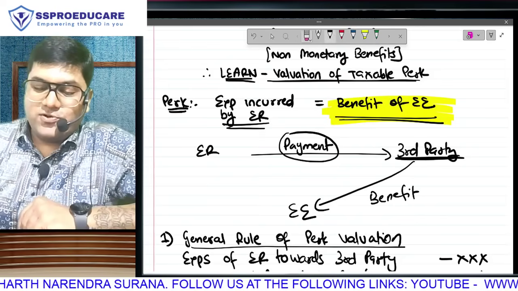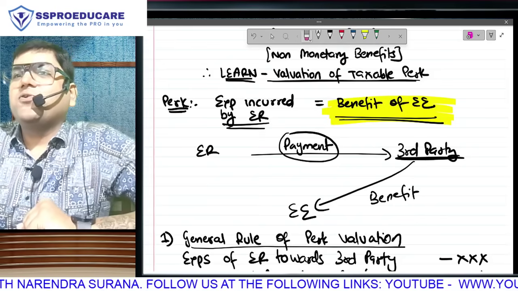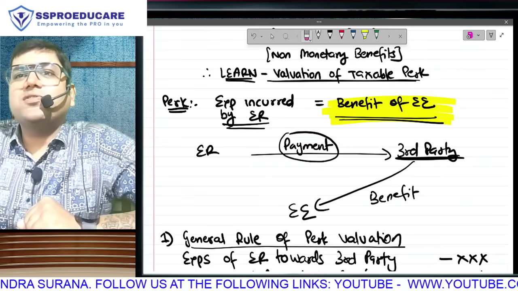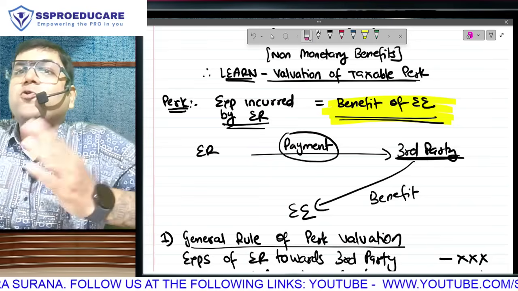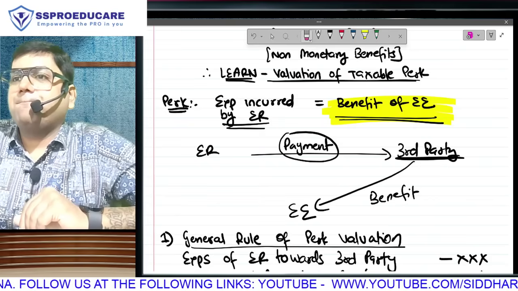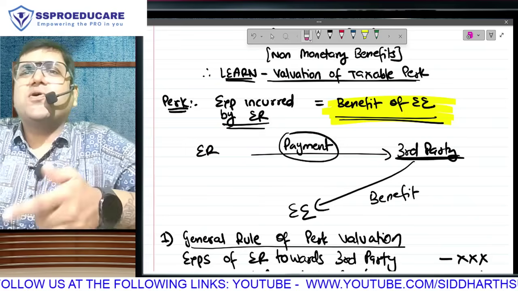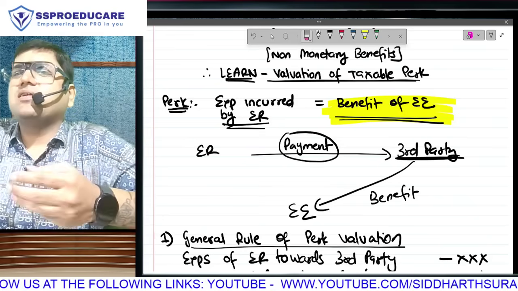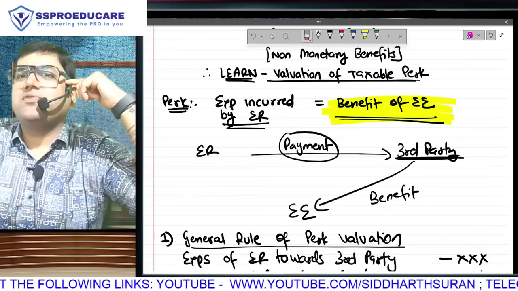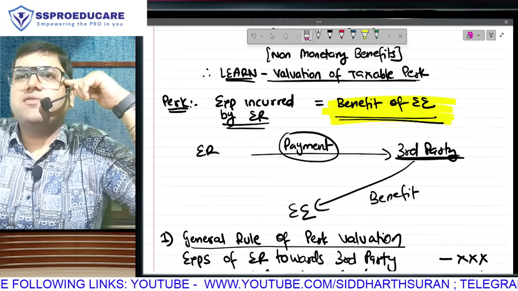So suppose your boss, we had seen that, tour, travel, transfer, conveyance, etc. Your boss is sending you for some work. You go there, and in the course of that you incur some expenses: ticket cost, auto cost, train cost, hotel cost, food cost. You come and tell him, sir, I have spent a total of 2,500 rupees. He is giving you that money.